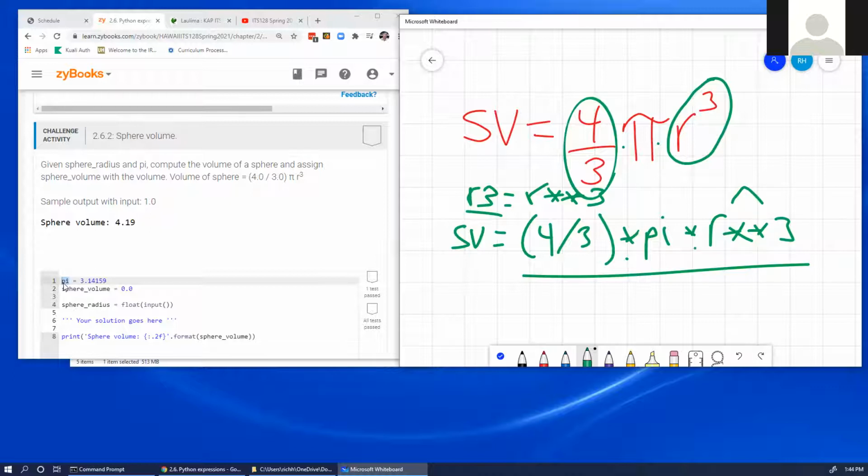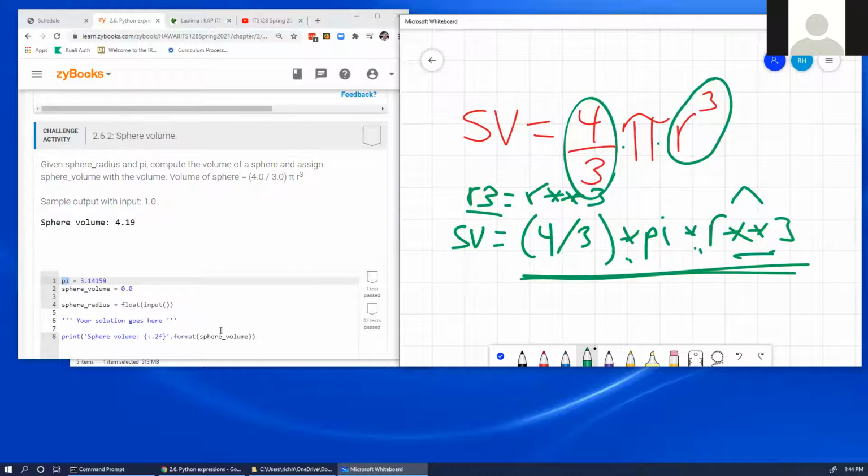Okay, so in this statement here, it's going to first do the 4 divided by 3 because that's in parentheses, and then it's going to come along and do this one first. So it's going to take r times r times r cubed, and after it gets that number, then it's going to do this multiplication and then this multiplication. So this is how we can write it.